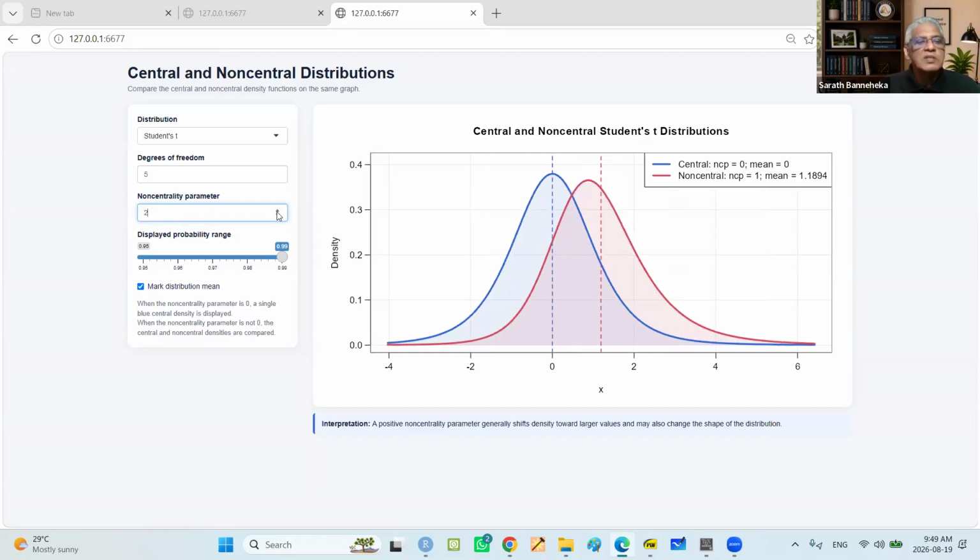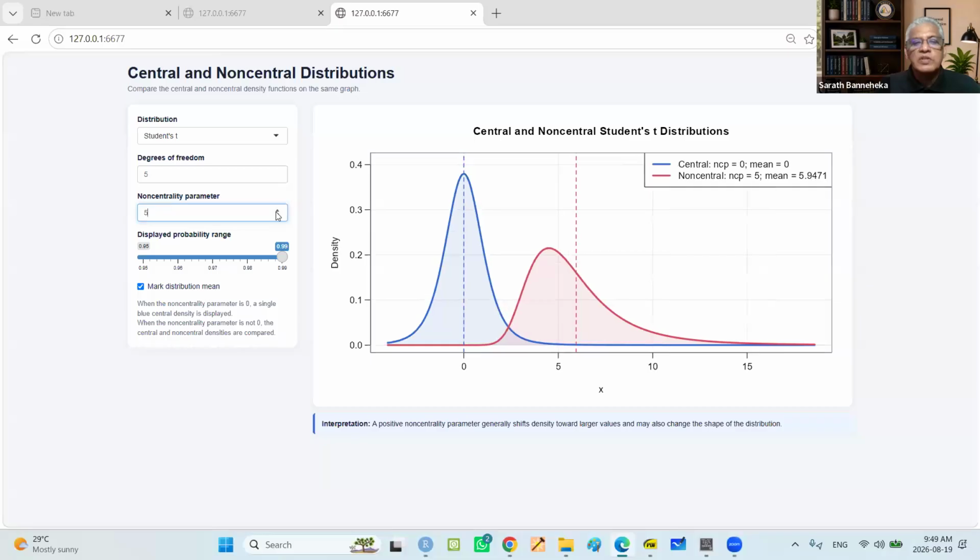But if I increase it, now you can see that the central T is always symmetric around 0. But the non-central T is moving towards the right as I increase the non-centrality parameter to a positive value. It's moving to this side, and it has a positive skewness in that case.